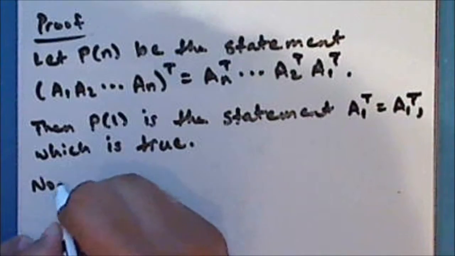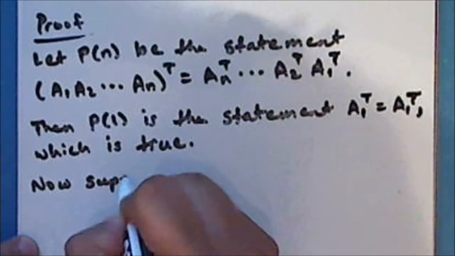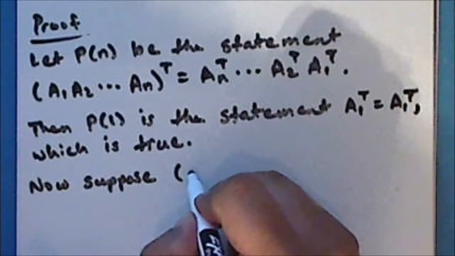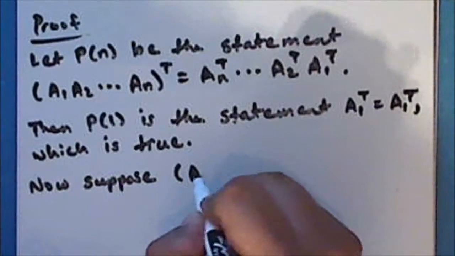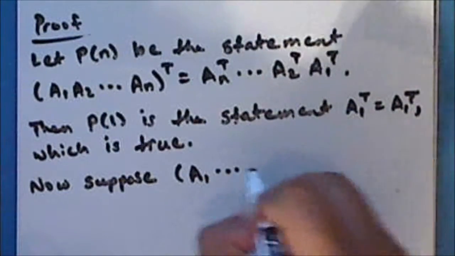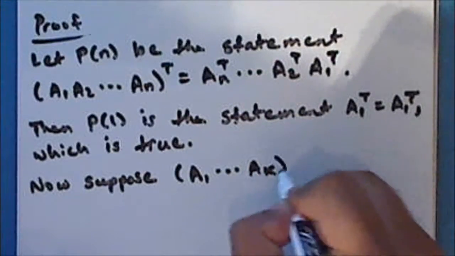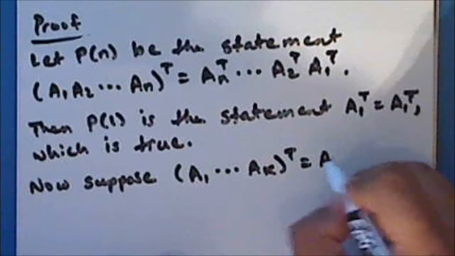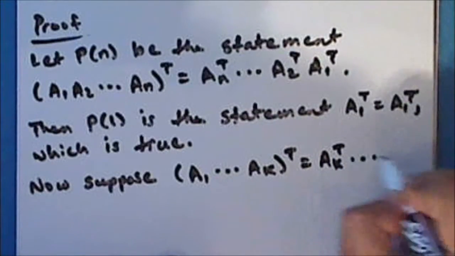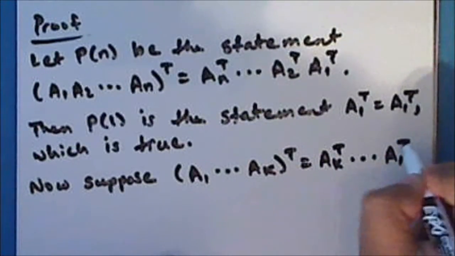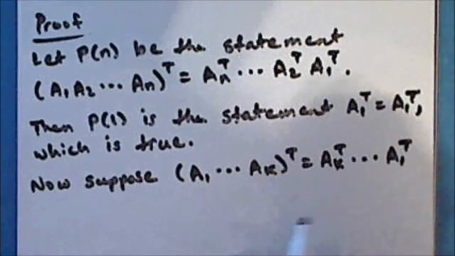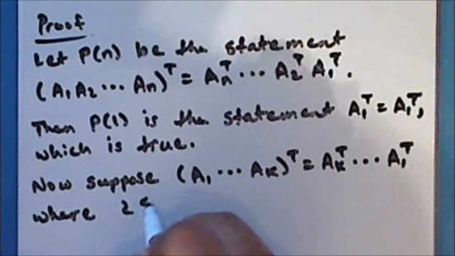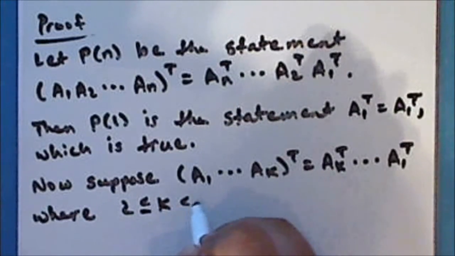So now suppose that the transpose of the product of the matrices A sub 1 through A sub k is the product of the transposes in reverse order, where k is greater than or equal to 2 and less than n.